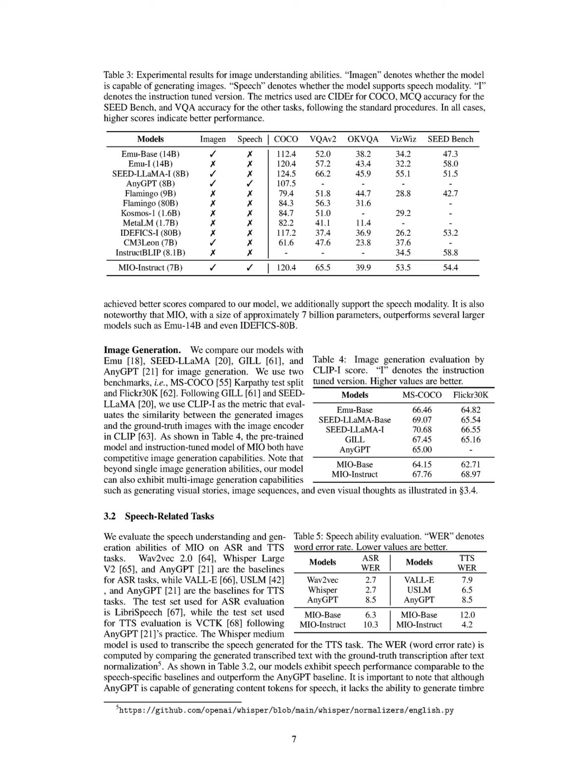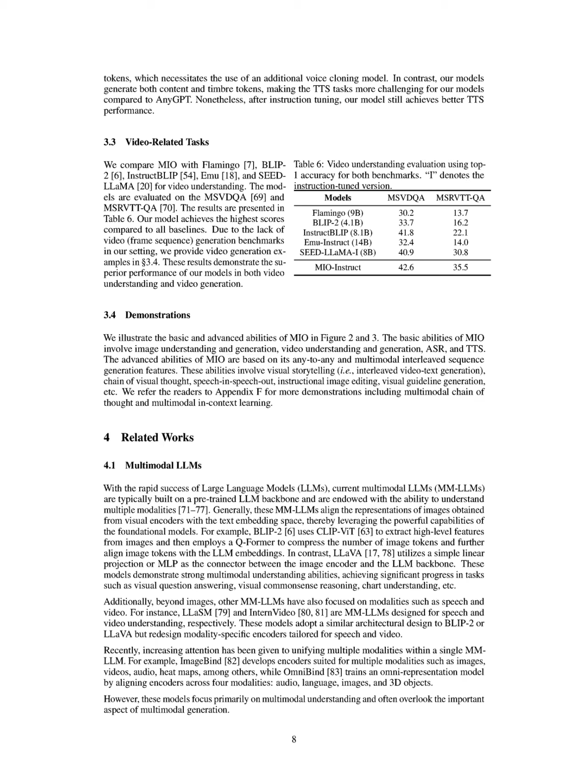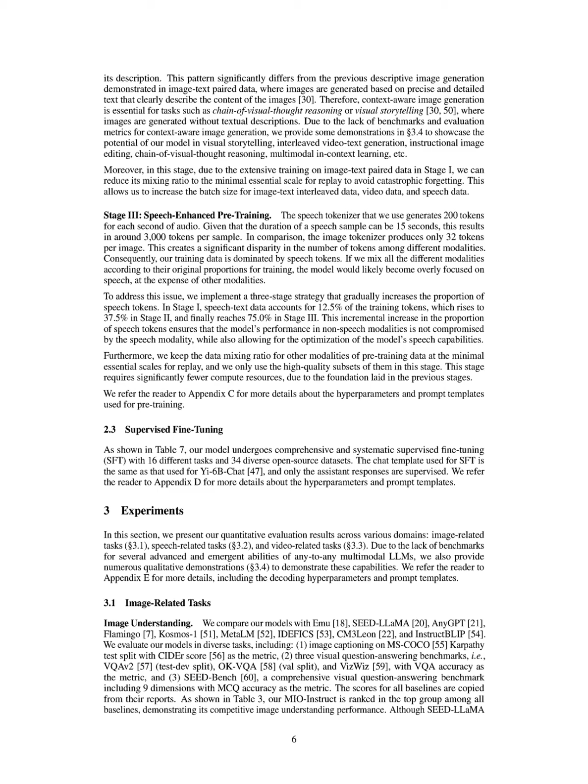In speech-related tasks, MIO's performance was assessed on automatic speech recognition (ASR) and text-to-speech (TTS) tasks, utilizing datasets like LibriSpeech and comparing against baselines such as Wav2Vec 2.0 and Whisper Large V2. For video-related tasks, MIO was evaluated on MSVDQA and MSRVTTQA, achieving the highest scores compared to other models. The metrics employed included CIDEr scores for image captioning, word error rate (WER) for ASR, and qualitative demonstrations for emergent abilities, showcasing MIO's competitive performance across all modalities.